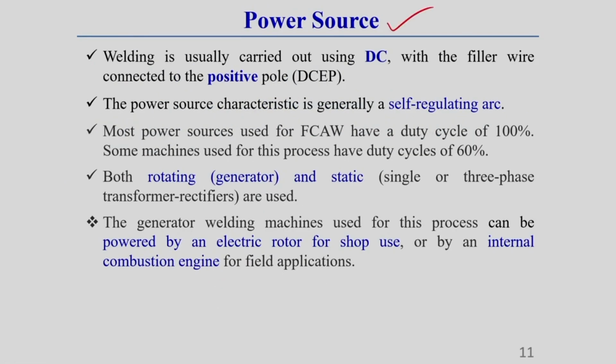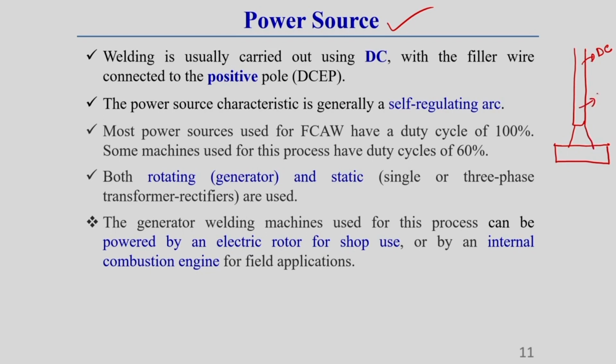In these types of welding technique, as it is a consumable electrode welding process, first of all a DC power source is used, and as it is a consumable electrode, more heat should be generated in the electrode, correct?